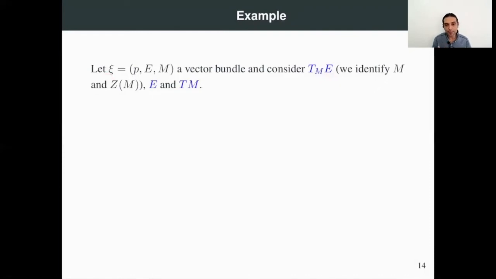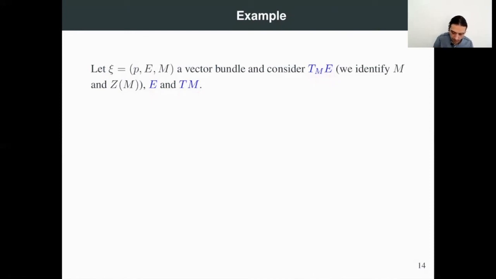So we have three vector bundles over M. One of them is this tangent vector bundle of E restricted to M, then E, and obviously the tangent space of M, right?